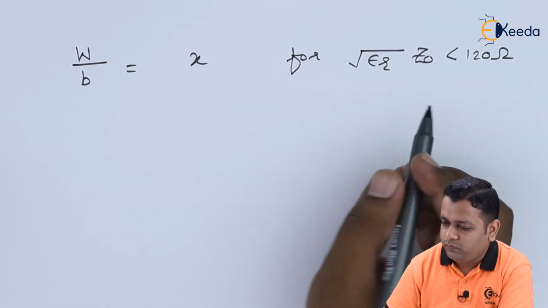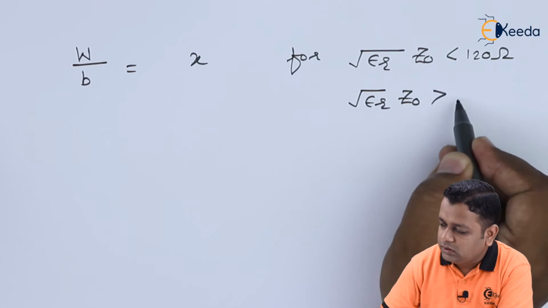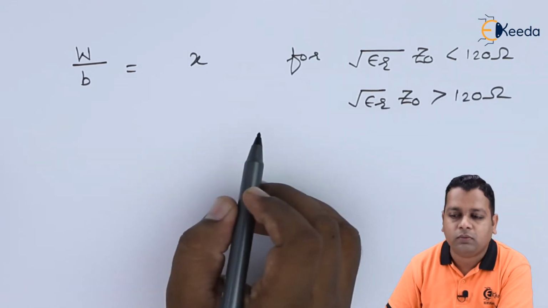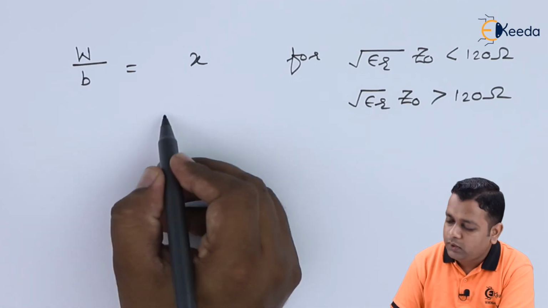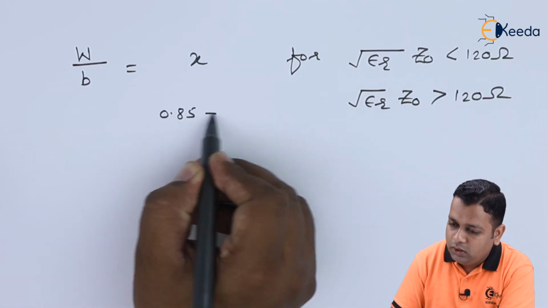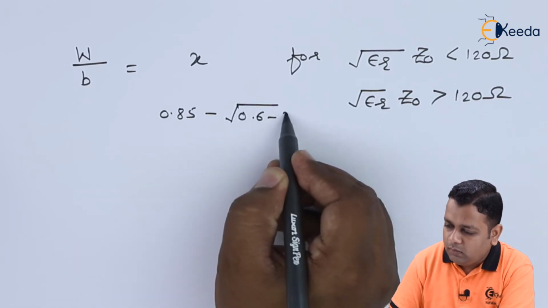If it is not, that means square root of epsilon r into z0 is greater than 120 ohms, then we need to opt for W by B equal to 0.85 minus square root of 0.6 minus x.